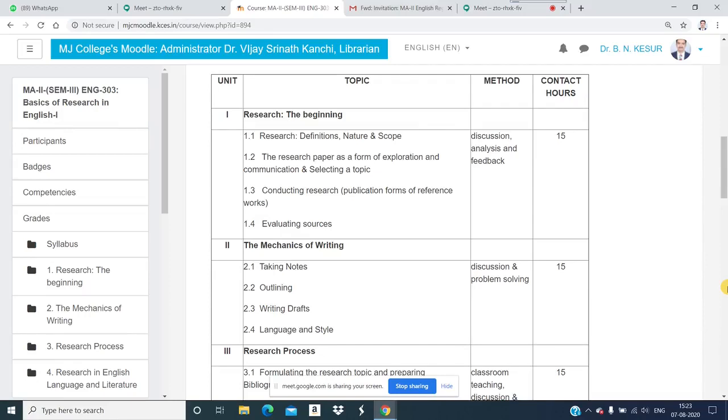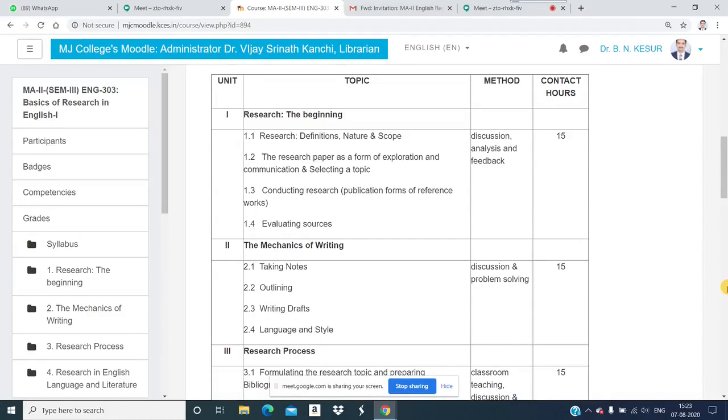How to prepare your own notes, taking notes and making notes. Here you have to get the idea of what this taking notes is. We'll try to understand it with the help of examples and the instructions given by the scholars. Then outlining of your research.